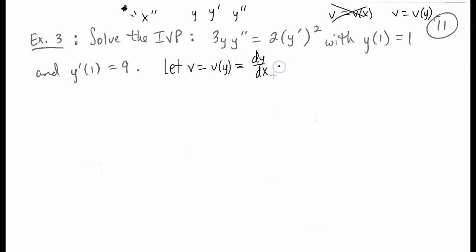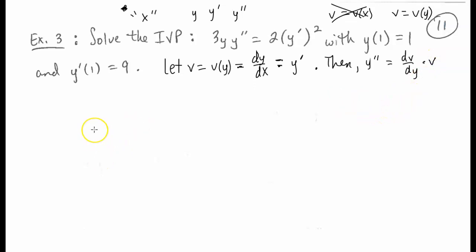Now, what we've talked about before, we know that if I take the derivative of y, in other words, this is y prime here. So if I want to find out what y double prime is, that's like me taking the derivative of this, and of course I'm going to have to use the chain rule, and we already know what that's going to come out to be. It's just going to be dv over dy times v.